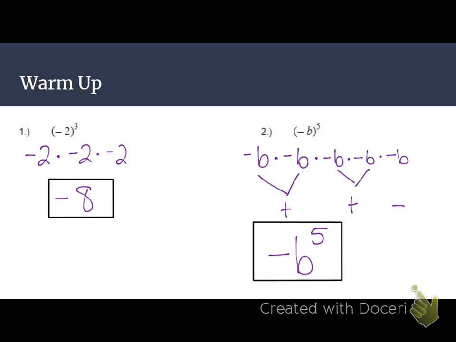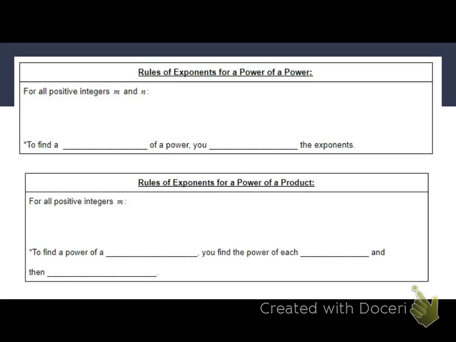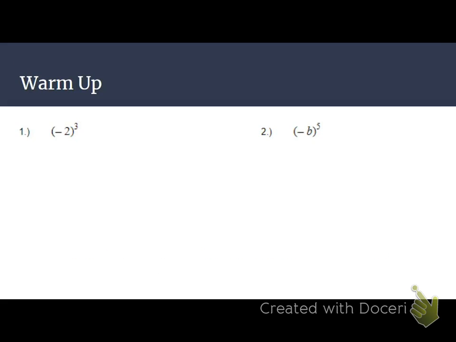Questions about warm-ups 1 or 2? Need more time? On we go. Oh, I thought we had one more warm-up. We do. Find the missing exponent. Yeah, that one's just not up on the board. So it's 7 to the question mark times 7 to the 5th equals 7 to the 8th.